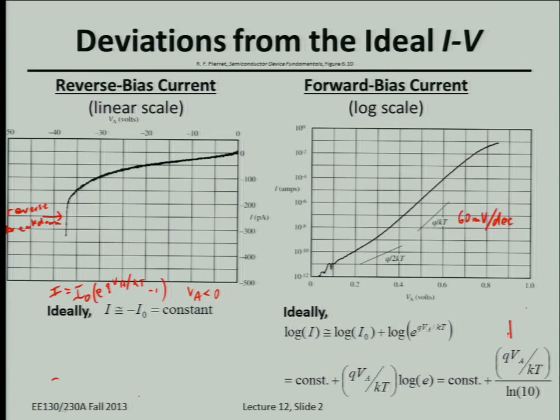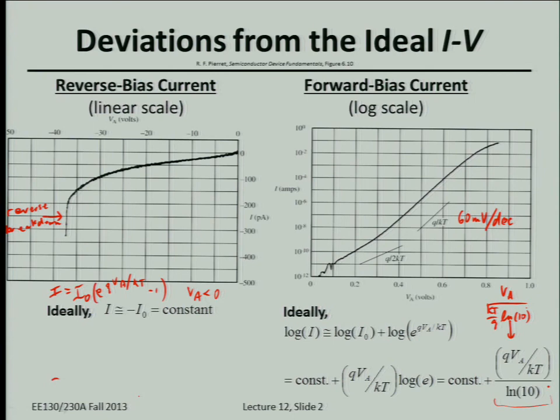This term is VA over kT over q natural log of 10, which is just VA over 60 millivolts. So if VA changes by 60 millivolts, then this term on the right will change by 1. In other words, on a log scale, the current changes by 1 decade. That's what I mean by 60 millivolts per decade.